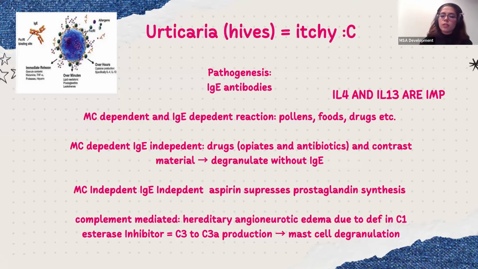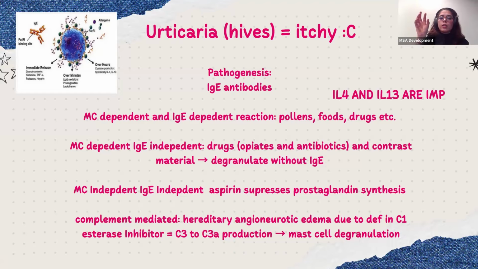Complement mediated is something called hereditary angioneurotic edema due to a deficiency in C1 esterase inhibitor, C3 to C3a production, mast cell degranulation. This one, the mast cells are degranulating. In the complement cascade, I don't know if you guys remember it, there's C1, C2, C3, and all of that.